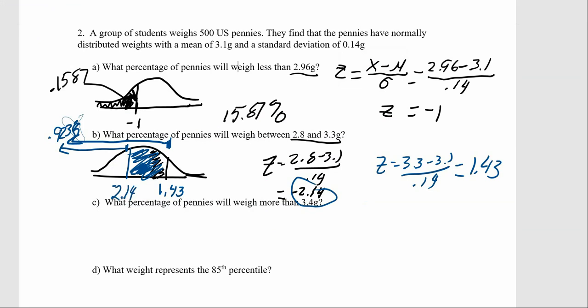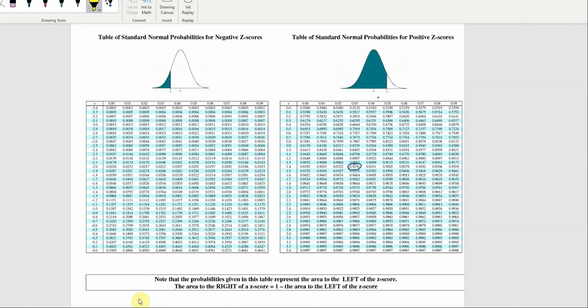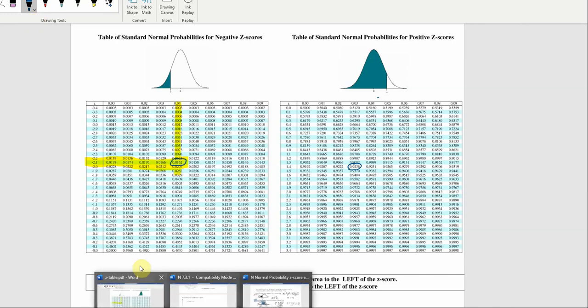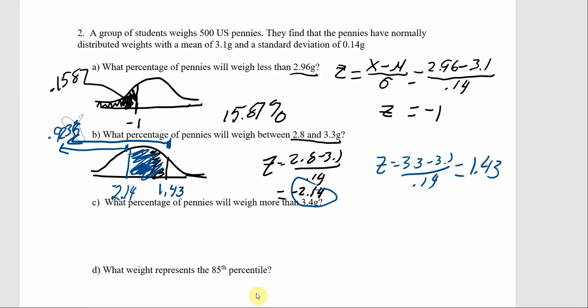All right, so we'll come over to our chart, get our -2.14, so -2.1, and come out to the fourth column, and it's going to be right where they intersect. That's going to be 0.0162. So we come back over here.